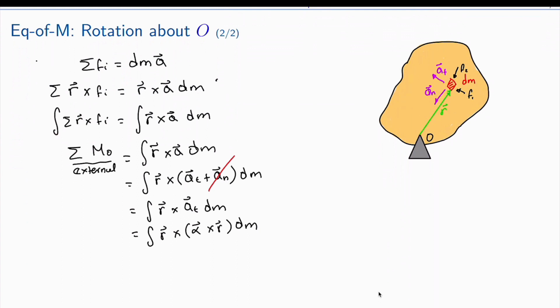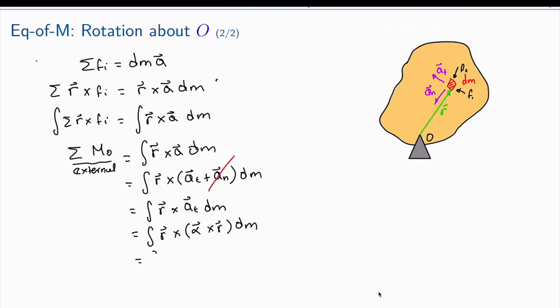Notice that alpha cross r, where alpha is in the k direction, will produce a vector in this direction, and r cross a vector in that direction will give again a vector in the k direction, so in the direction of alpha.